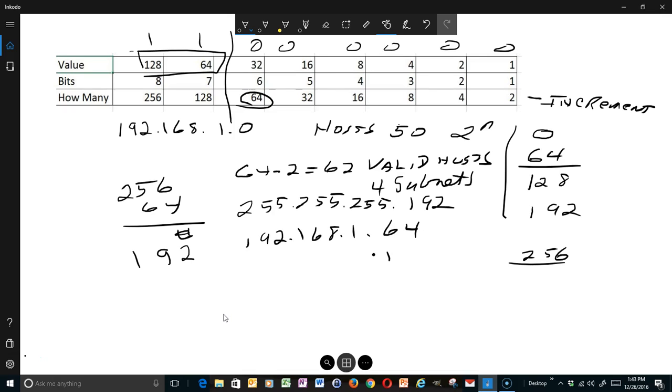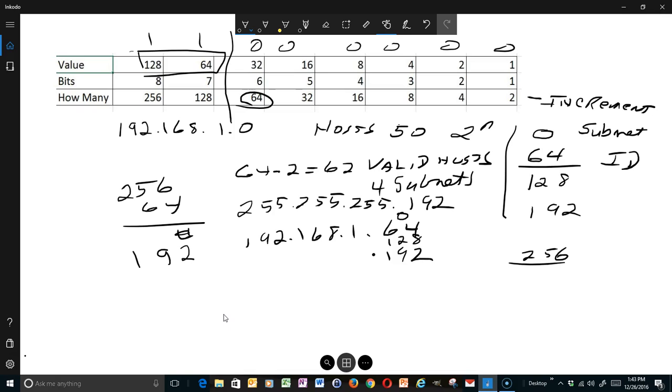The next one will be .192, and the last one, well, that's 0, 64, 128. I missed that there, didn't I? Let's put the 128 in here. 192. So these are going to be our subnet IDs.